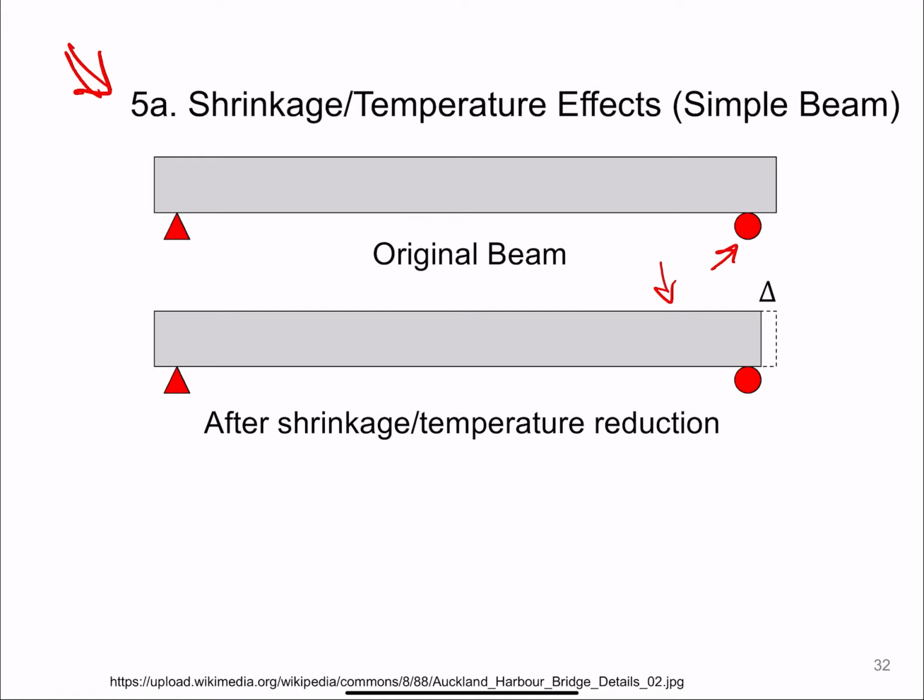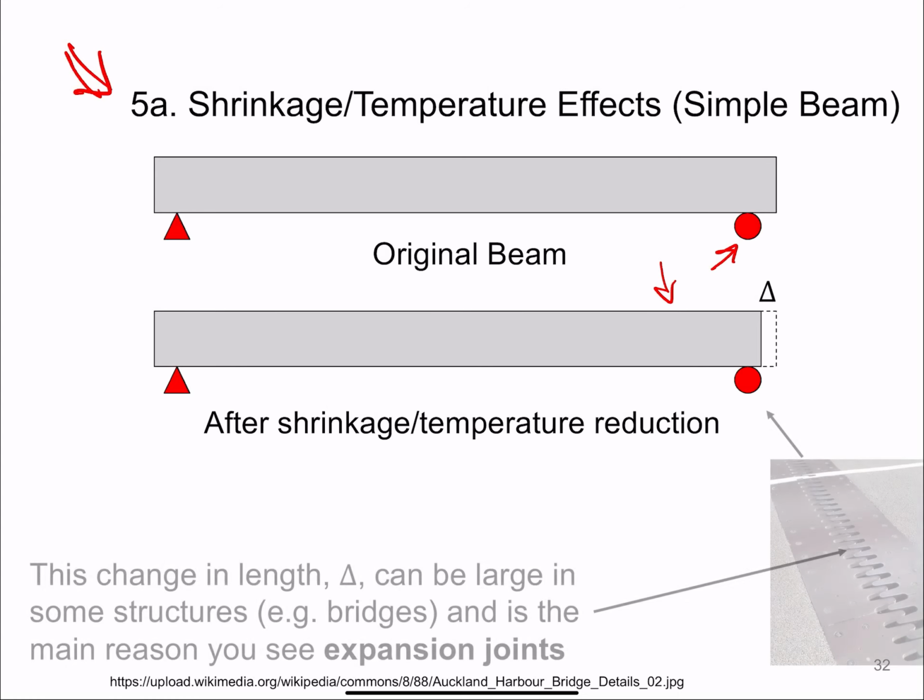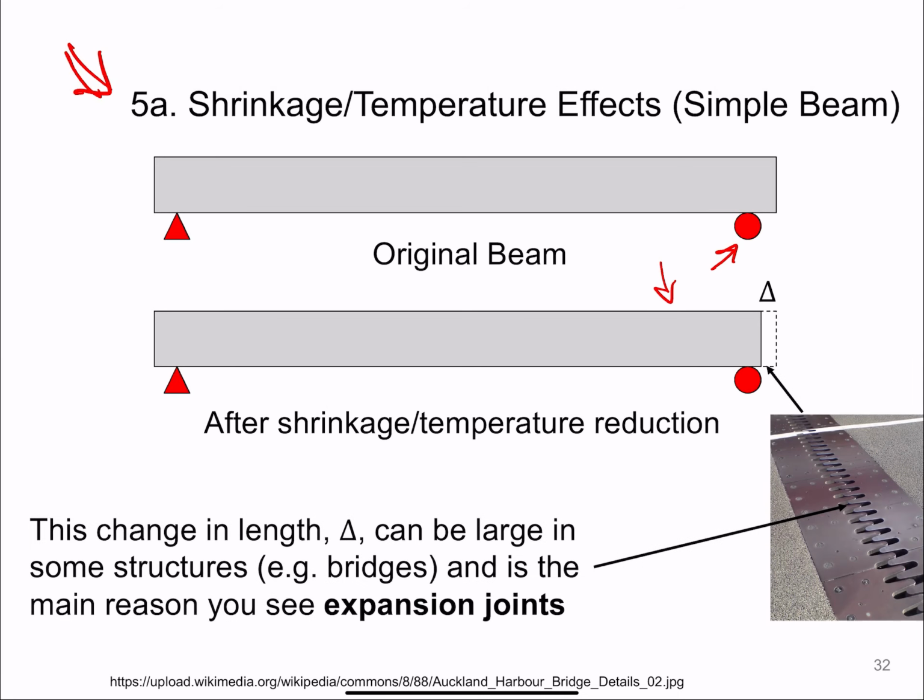Imagine a concrete beam in a bridge. If you may have noticed, there are these kinds of teeth at the ends of bridges, sometimes in the middle of bridges, if you have supports in a bridge.